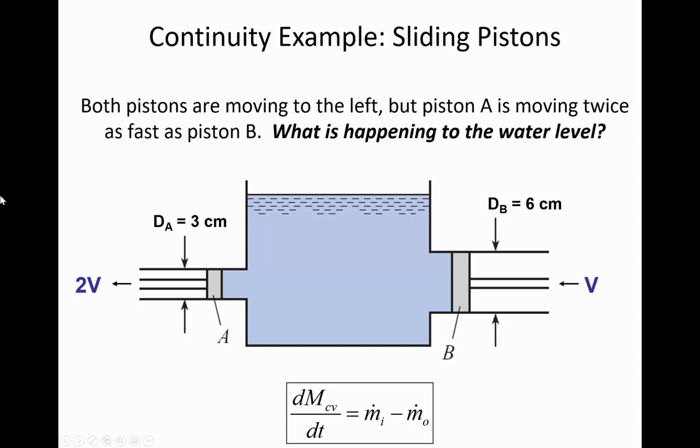And they just, without thinking too much about it, that first knee-jerk reaction is saying, well, the diameter at A is half the diameter at B, but it's moving at twice the velocity, and so it must all equal out. But that is not correct. So it's not holding steady.